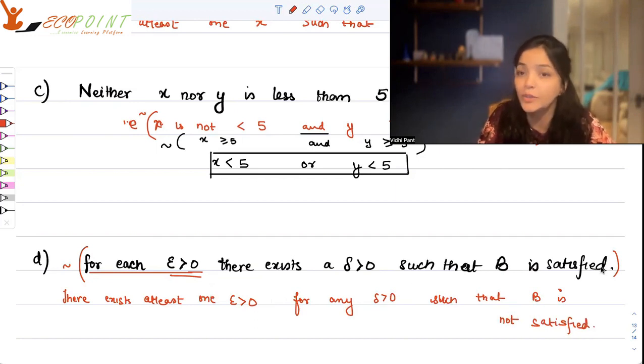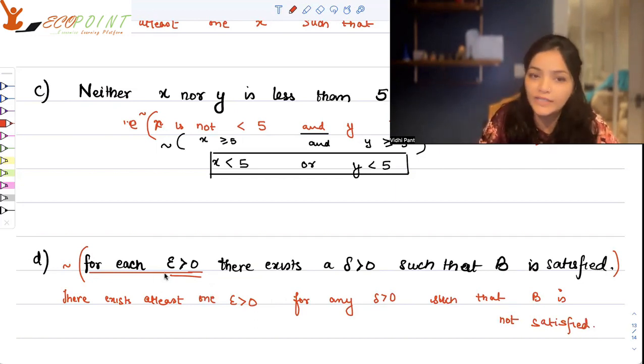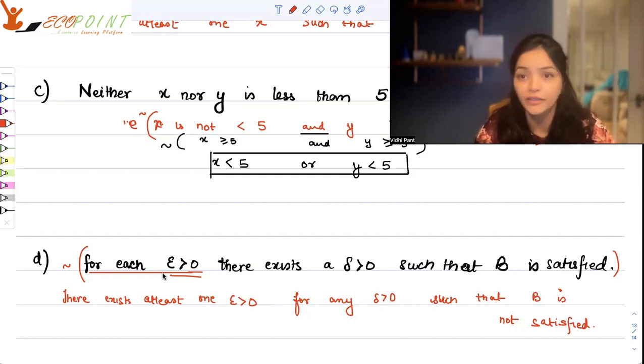Everything is getting opposed. So what are we saying? For every epsilon greater than 0, there is at least one delta greater than 0 such that B is satisfied. But I want to tell you the opposite of it, so that means I'm able to find a counterexample. What will be the counter?